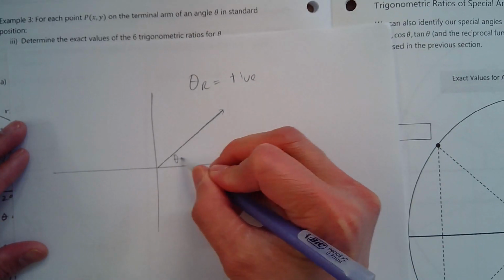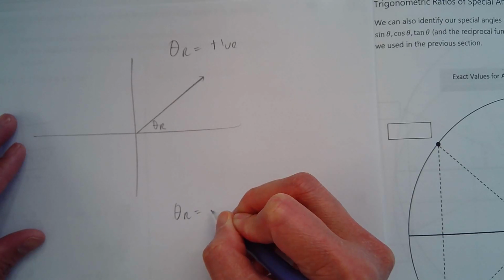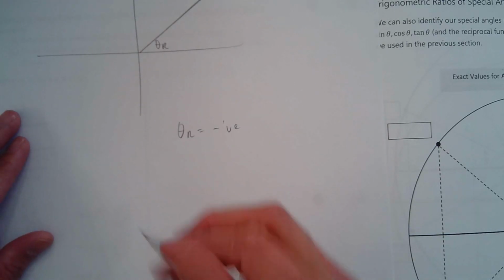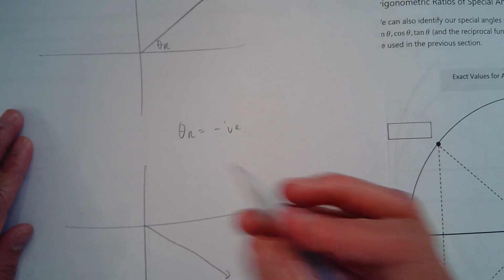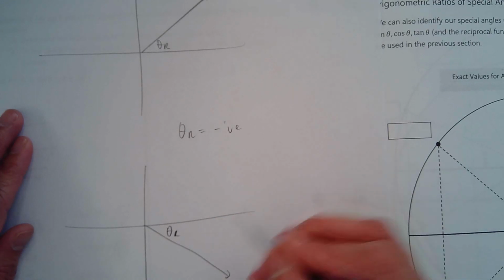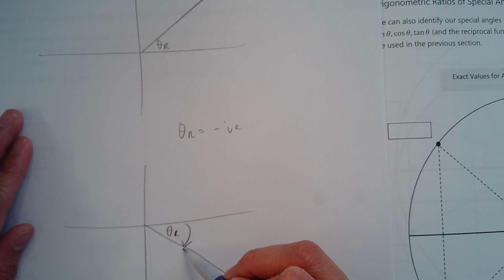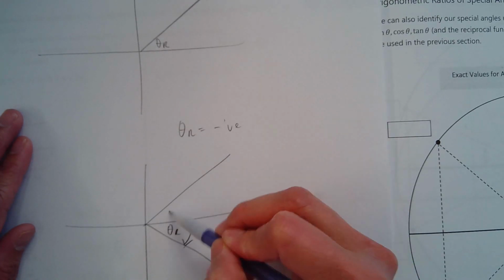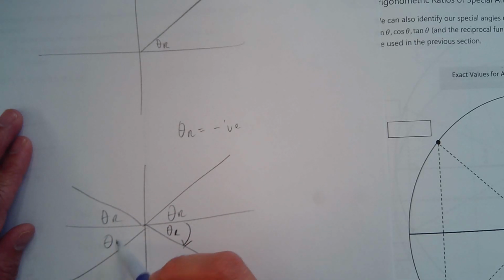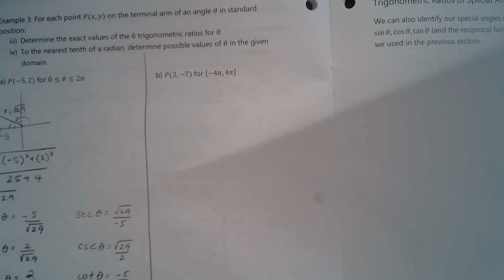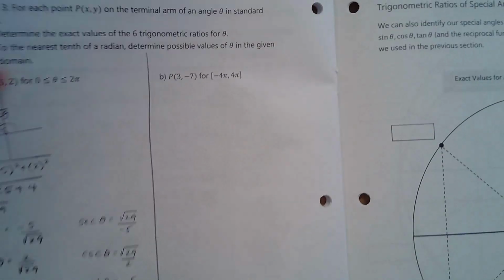If theta r is negative, it turns this way. So it's the same as your theta r here, theta r there. I'll leave part b with you and see if you can figure that out.